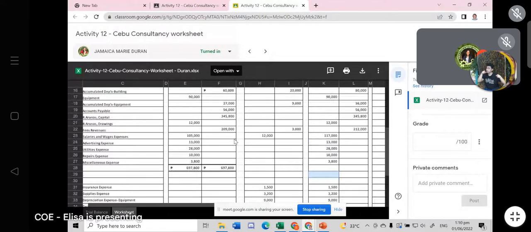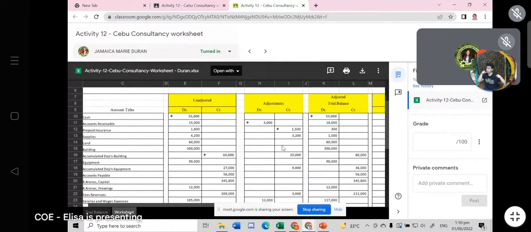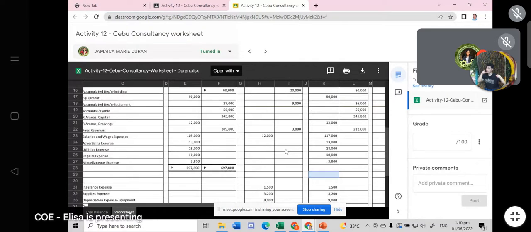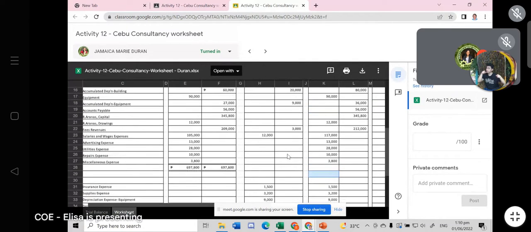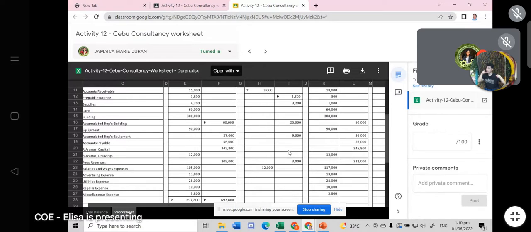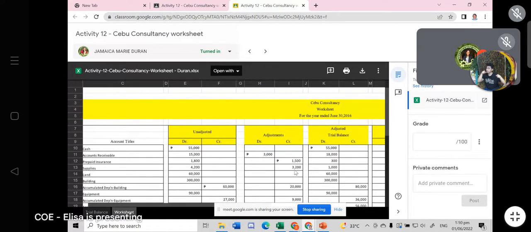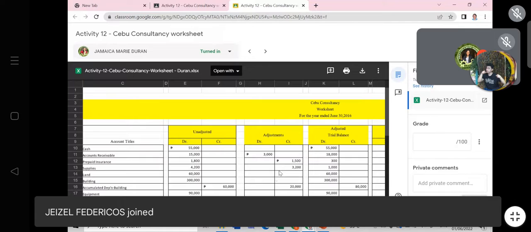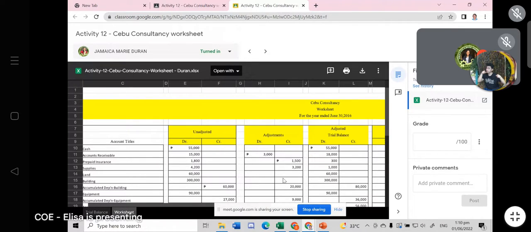Then correct, so you have these numbers, and then let's go to adjustments. Looking into your adjustment, what is lacking here is the legend, letter A, letter B, letter C. That is very important because later on, when we look into our worksheet, that will tell us what that adjustment is all about.